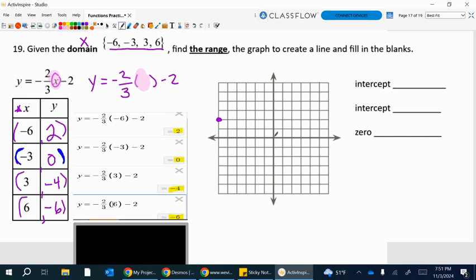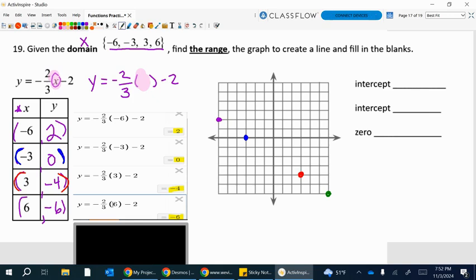Negative 3, 0, 1, 2, 3, and 0. 3, negative 4, 1, 2, 3, 1, 2, 3, 4. And finally, that's 6, negative 6, 1, 2, 3, 4, 5, 6, 1, 2, 3, 4, 5, 6.